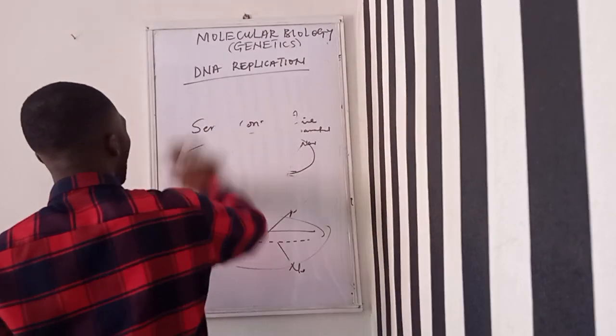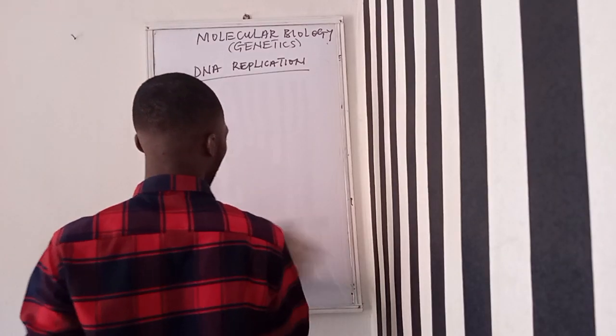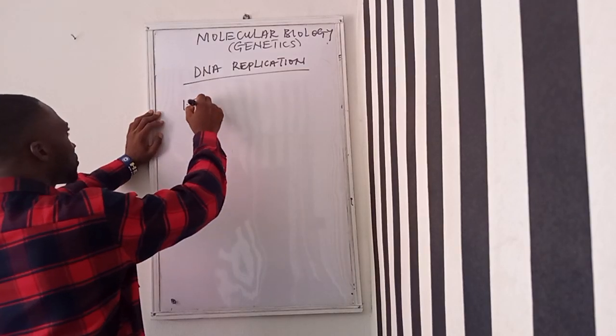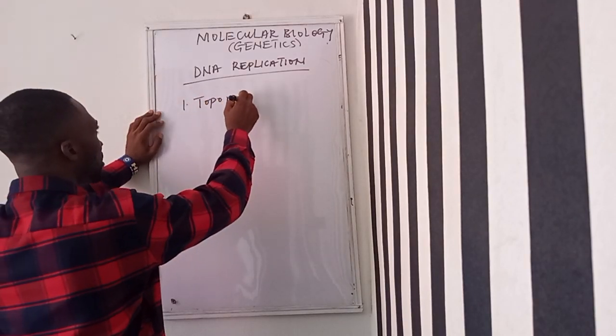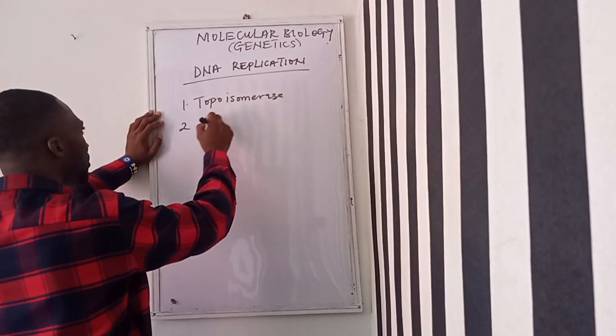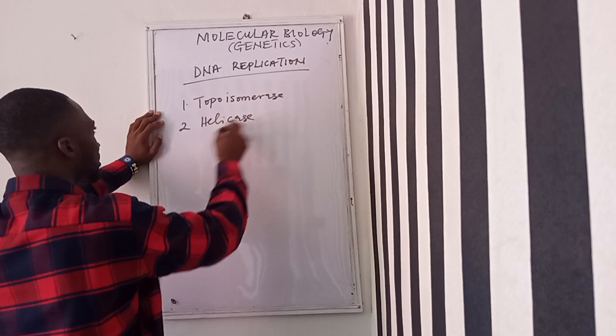First of all, I will list all the enzymes that are involved in DNA replication. The first enzyme is called topoisomerase. We have the helicase.